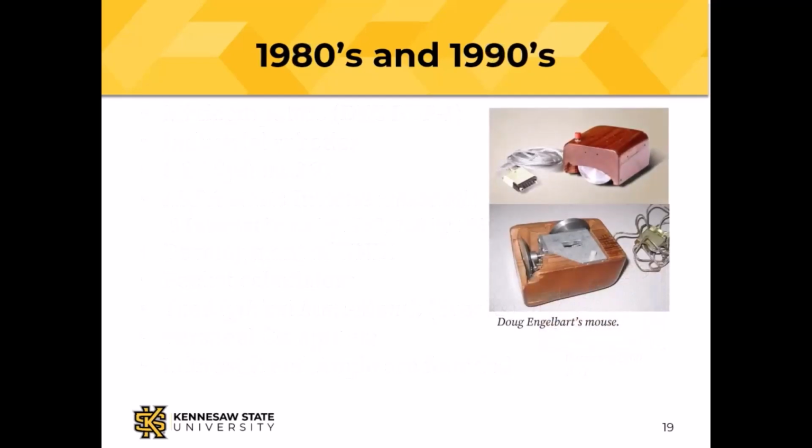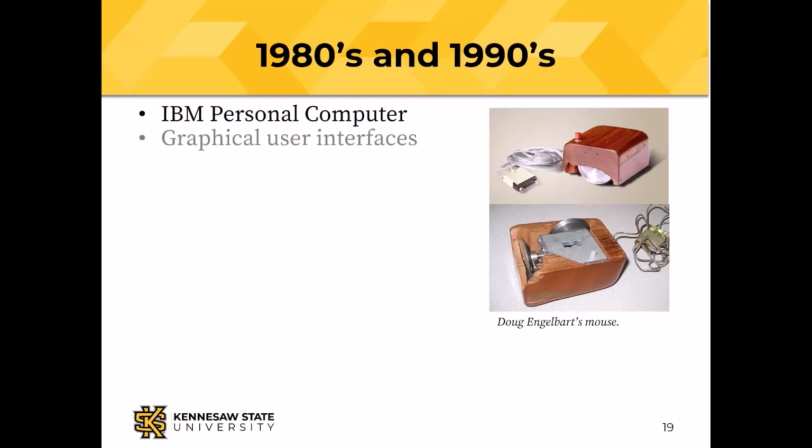Then, 80s and 90s, Doug Engelbart at the Stanford Research Institute invented the mouse, and there is Engelbart's prototype, the first computer mouse. IBM presented their personal computer in 1981. We started getting graphical user interfaces.